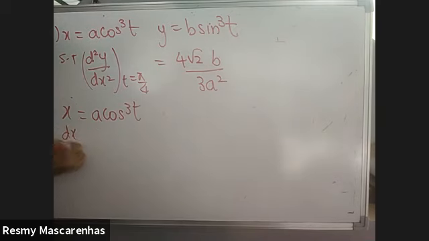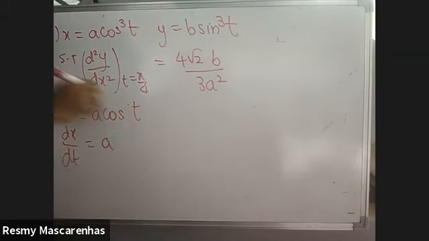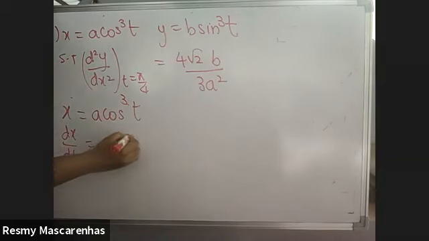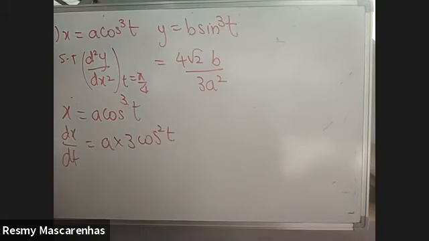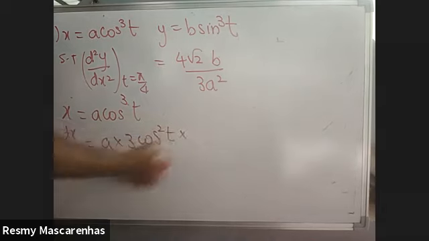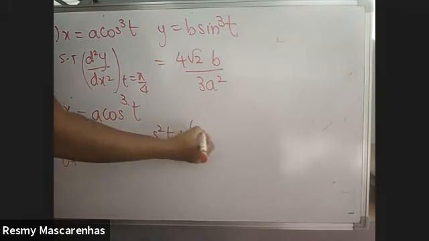So dx upon dt will be a, this is cube. So cube, so this will be 3 cos square t, into derivative of cos t, which will be minus sin t.